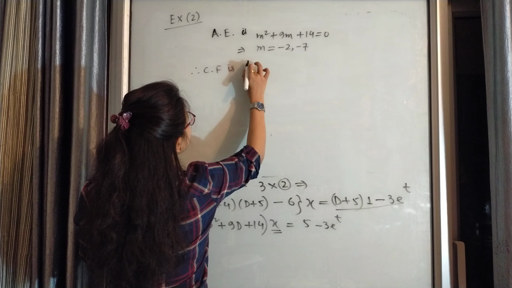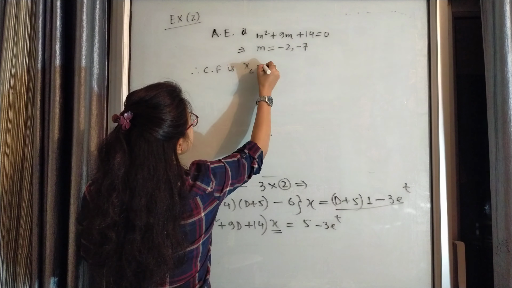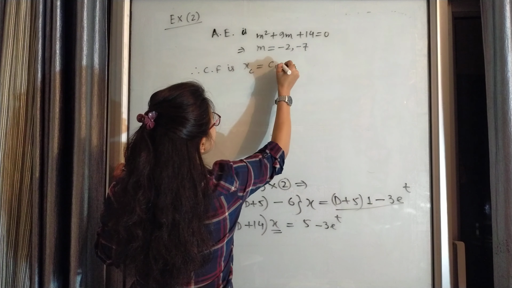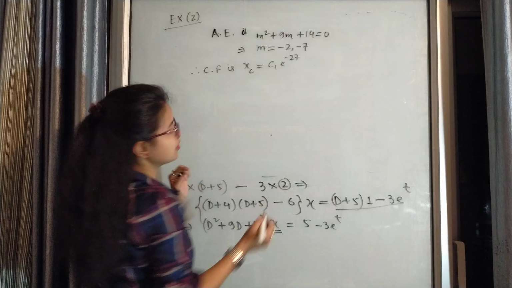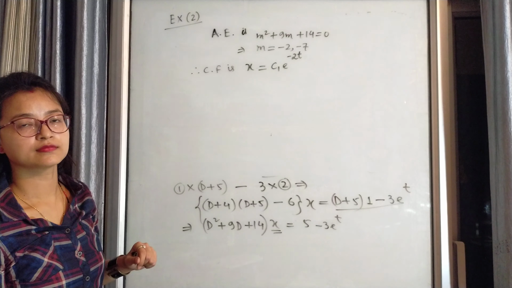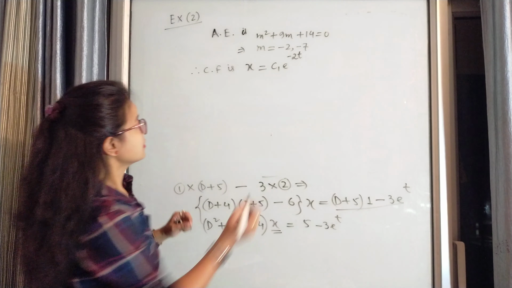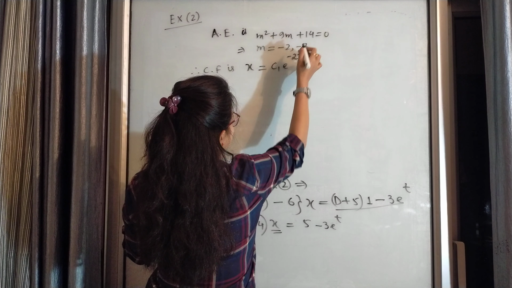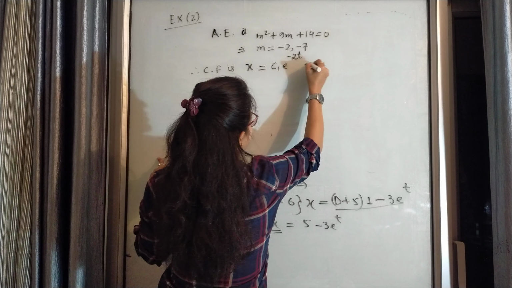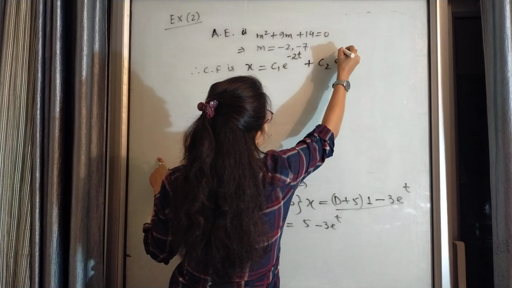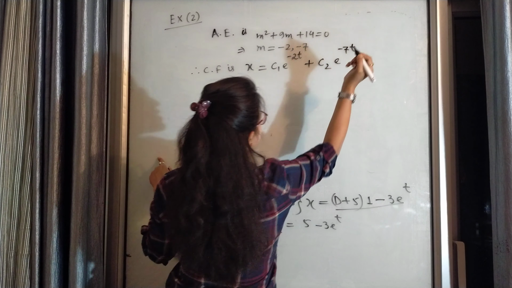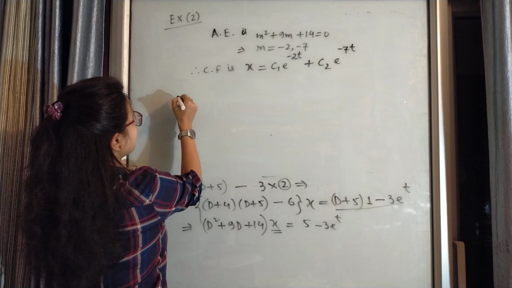Therefore CF is, say, xc is equal to c1 e to the power minus 2. You can see real distinct roots, minus 2 and minus 7, so c1 e to the minus 2t plus c2 e to the power minus 7t. Next, the PI.